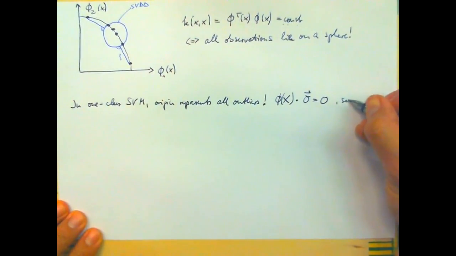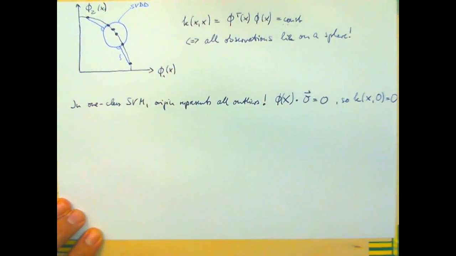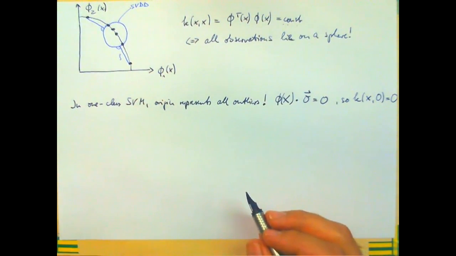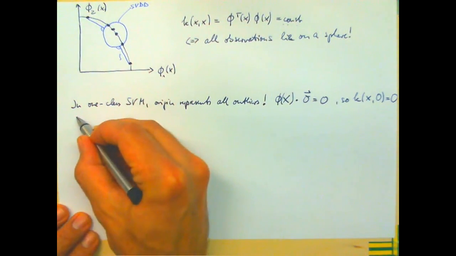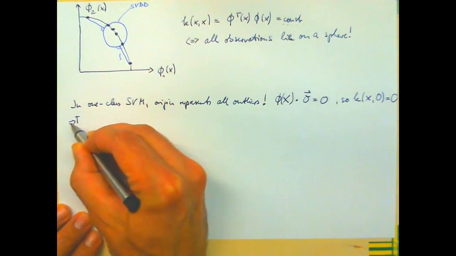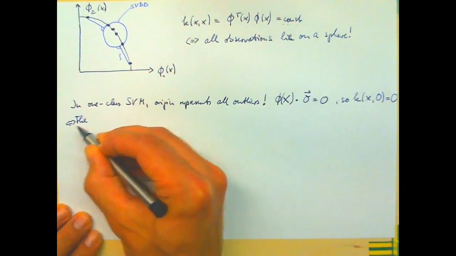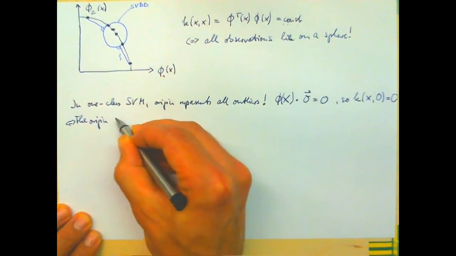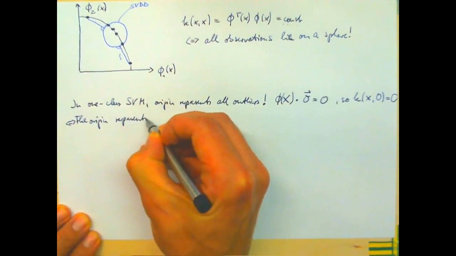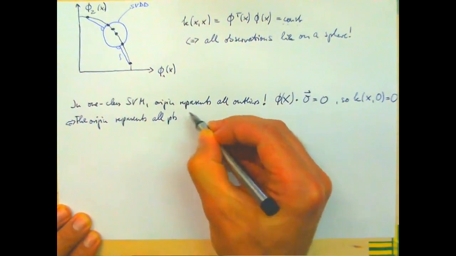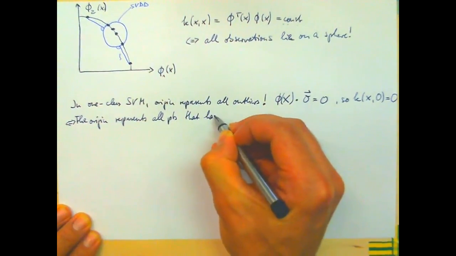So the kernel between any observation and 0 must be 0. So another way of saying this would be to say that the origin represents all points that have a low similarity to the training set.